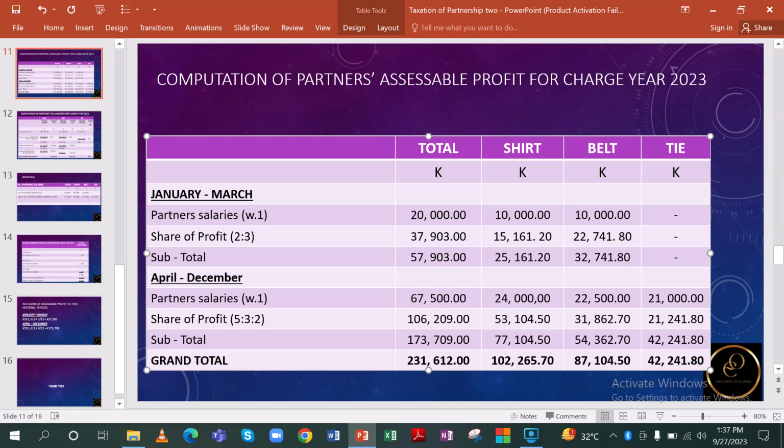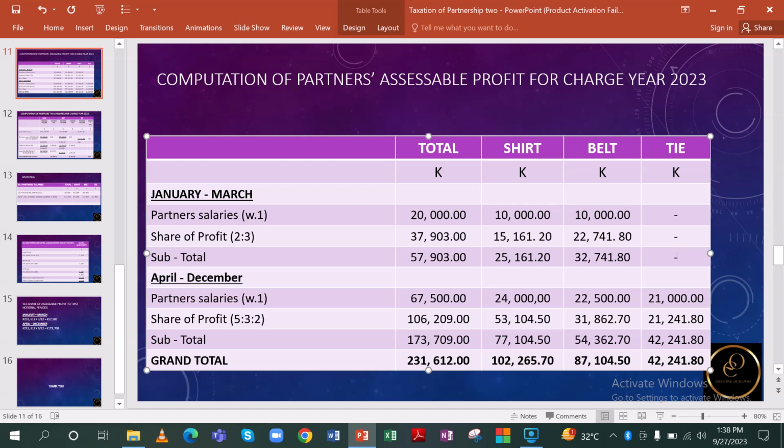Okay, so we move on to the next notional period. The next notional period, we start with the partners' salary. Again, I take you back to look at working number 1, where we had already calculated what was due to Shed, which was 24,000. This is picked from our presentation of partnership part 2.